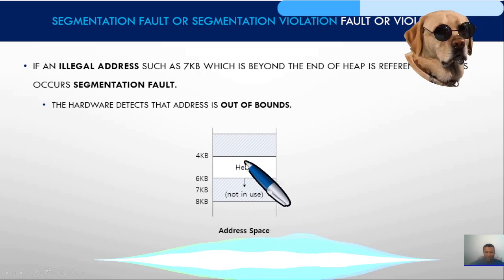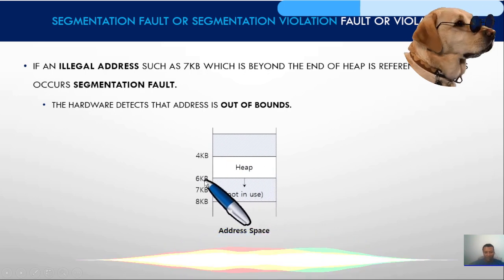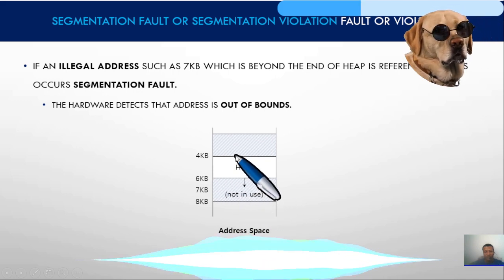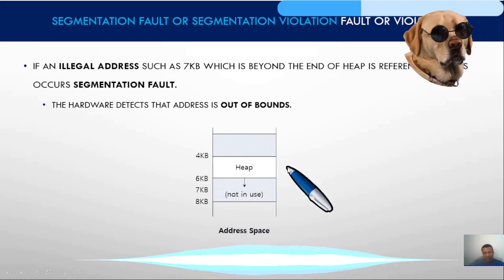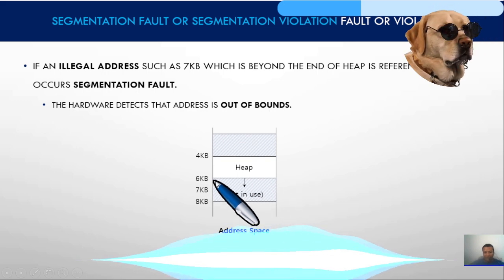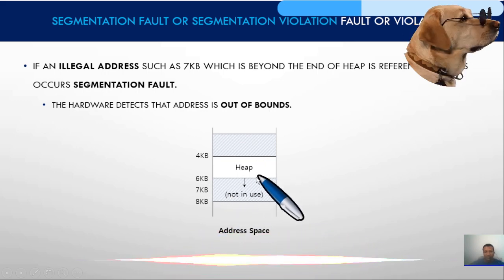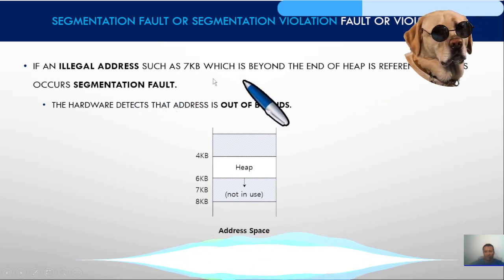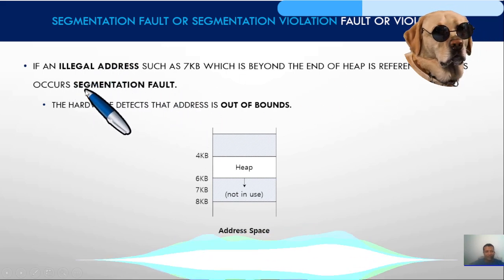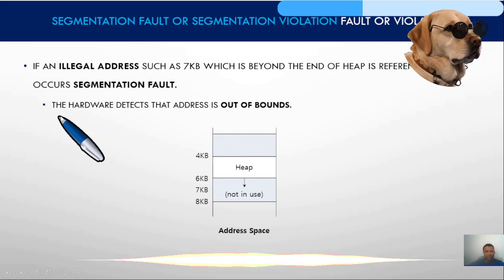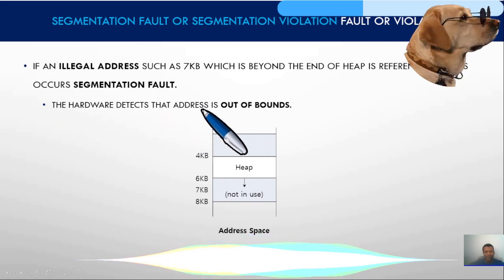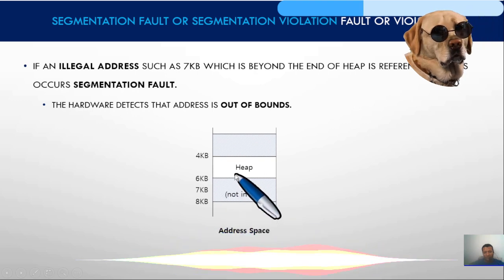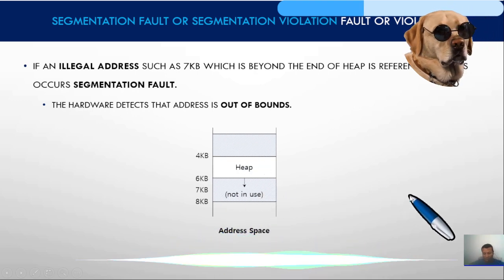For example, if the heap goes until 6 kilobyte but an instruction comes beyond 6 kilobyte in the heap, the operating system automatically notifies this, and a segmentation fault will happen. The hardware detects that the address is out of bounds. So in the address space, we have to take care of this.